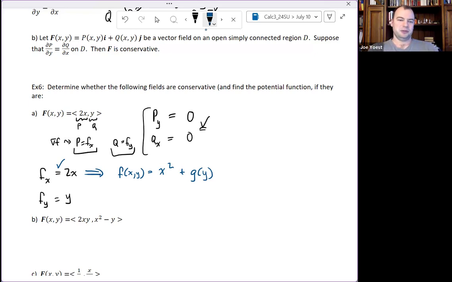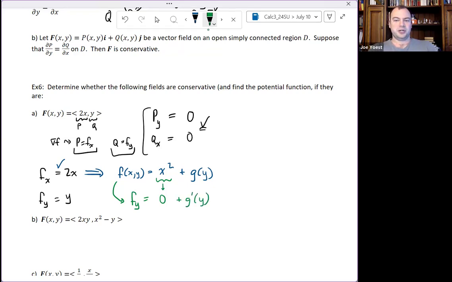Now, what some people will do is they'll do the same process with fy and then try to match the two and pair pieces off. I actually like doing it this way better. That now I can look and I can say, okay, what is fy from my blue function? Well, fy, the partial with respect to y, the x squared differentiates to 0.